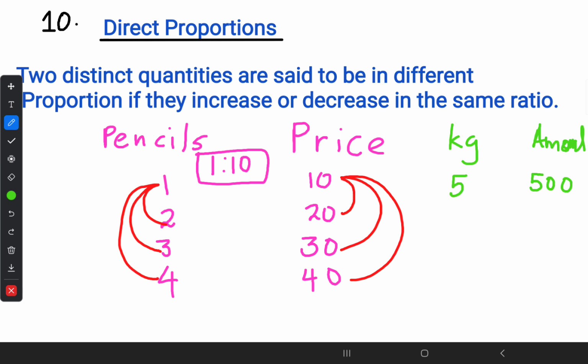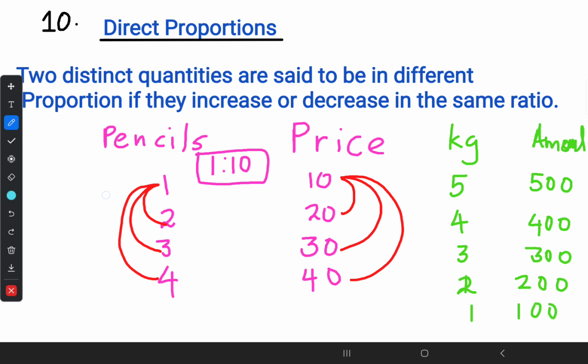That means from here, how can we find 4 kilograms of rice? 5 kilograms is 500, so 4 kilograms would be 400. 3 kilograms of rice would be 300. 2 kilograms would be 200. And finally 1 kilogram of rice is equal to 100 rupees.